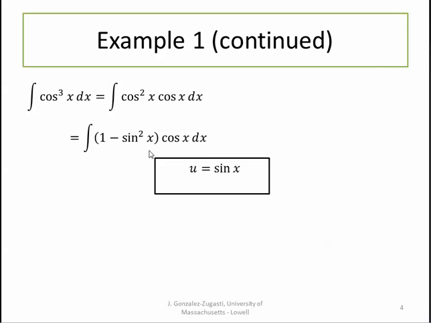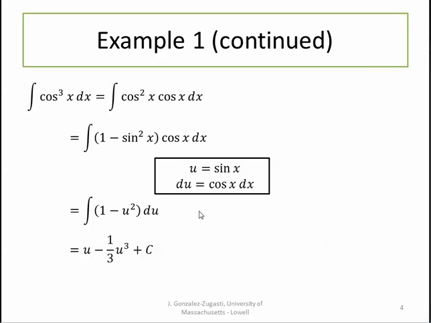And now we're going to do a substitution. We're going to let u be equal to sine x, and that means the derivative du is equal to cosine x dx. We go ahead and make the substitution. My integral becomes the integral of 1 minus u squared du. We know how to integrate that to get that our integral is equal to u minus 1/3 u cubed plus c.